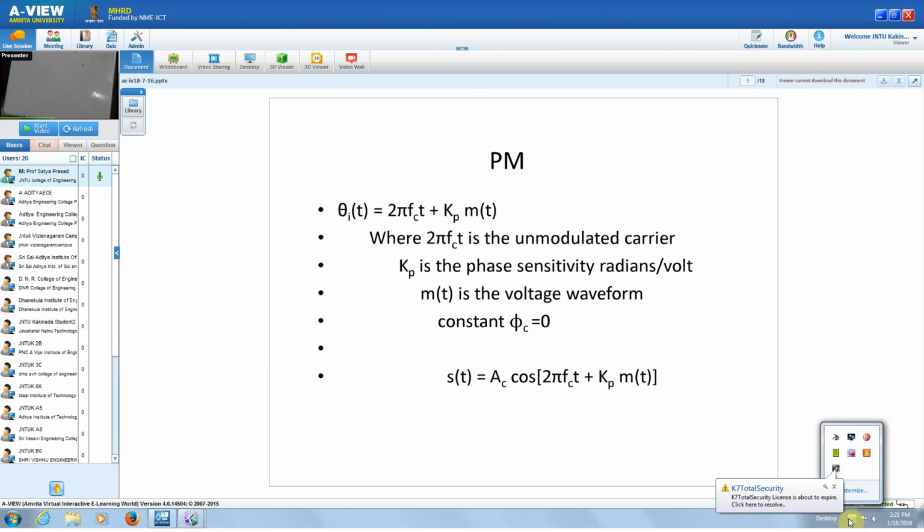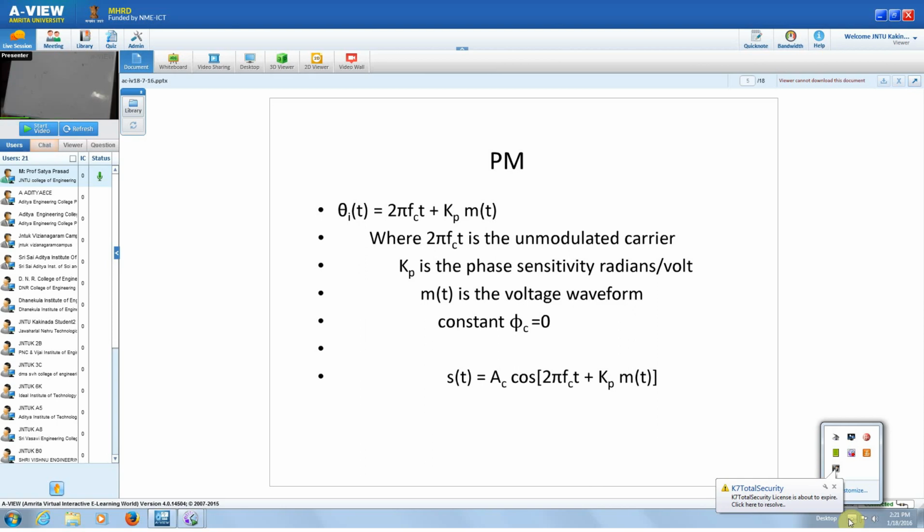Number of forms we can have, and basically we will be having two ways. One corresponds to your frequency modulation, and another corresponds to your phase modulation. That means your baseband signal has to change this angle or angular velocity such that you are going to get the required variation.